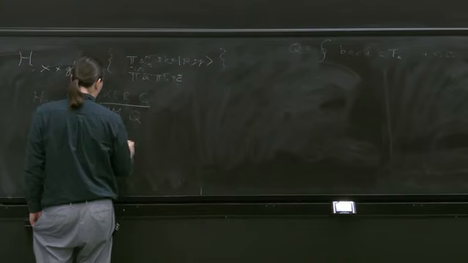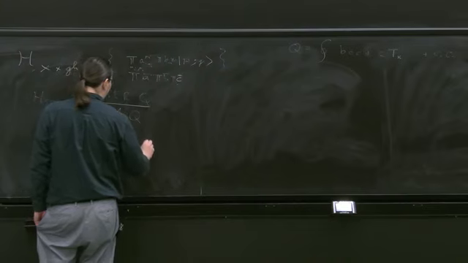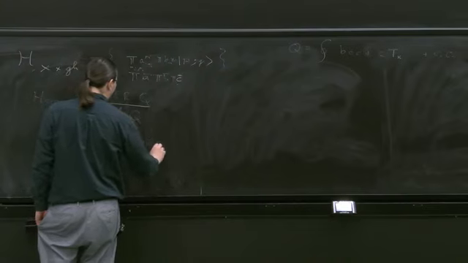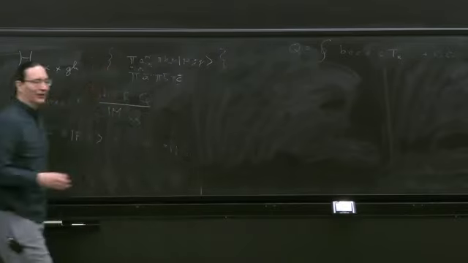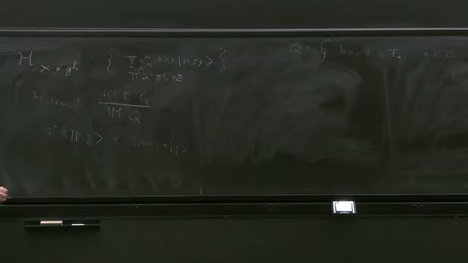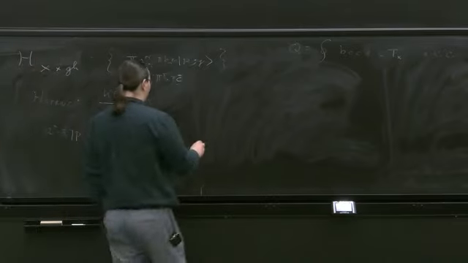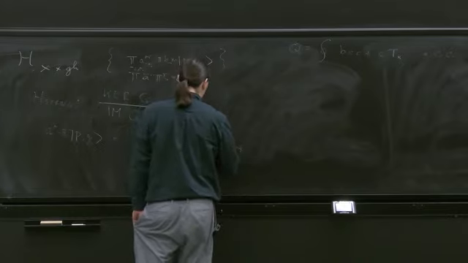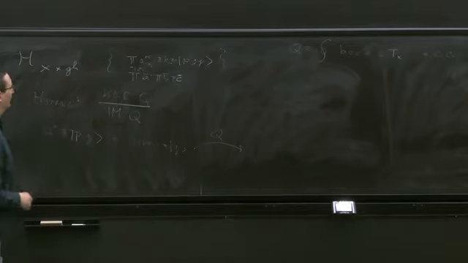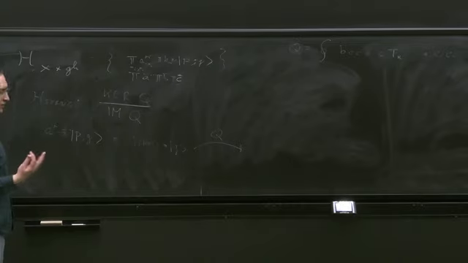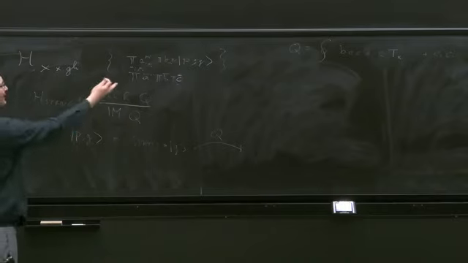Let me call this just some physical state tensor with the ghost ground state. So I can ask, where does it go when I act with Q? Q does not raise or lower the energy, it's a zero mode, and it adds a C.